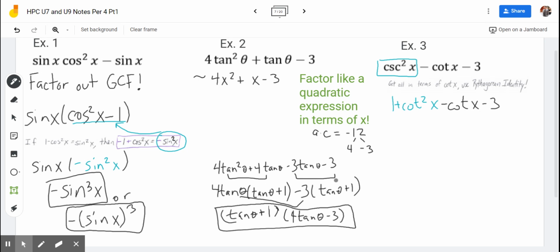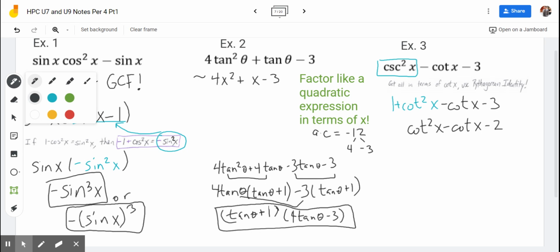We can combine the 1 minus 3, so we'll have cotan squared x minus cotan x minus 2. From here, it's just like factoring a quadratic expression, like the 4 tan squared plus tan minus 3 earlier.